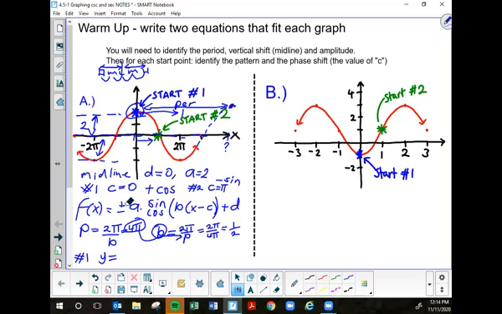Then you've got your vertical stretch, your amplitude, times the function. Our amplitude was 2, yeah? That's our vertical stretch. So we're going to write 2 times the cosine of, am I recording this?